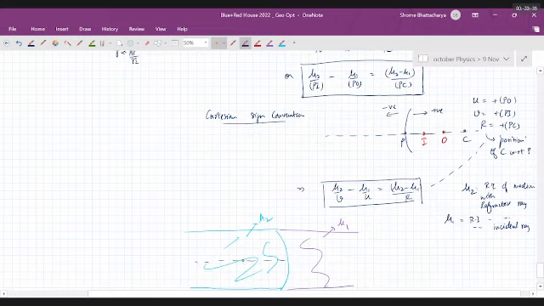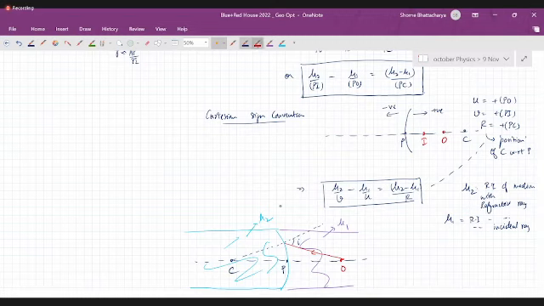So the center of curvature of the refracting surface is somewhere here. This is the pole. And suppose we have an object here. So take an incident ray like this now. So now this is the incident angle. Okay.